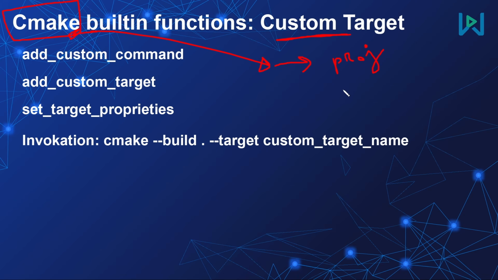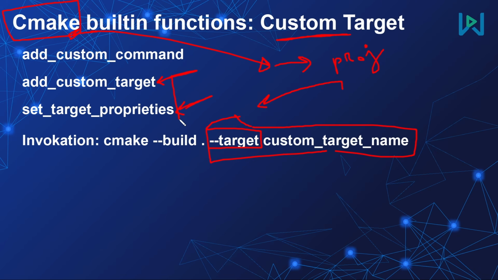And hence, instead of building our default project, we can specify to CMake our newly added custom target to be built. And this is done via this --target. To add those new custom targets, we can use those CMake built-in functions, add_custom_target and set_target_properties.